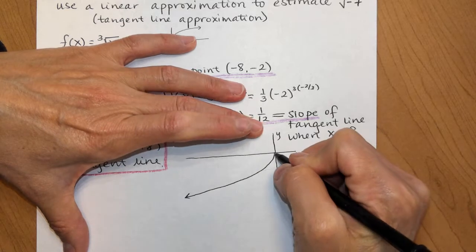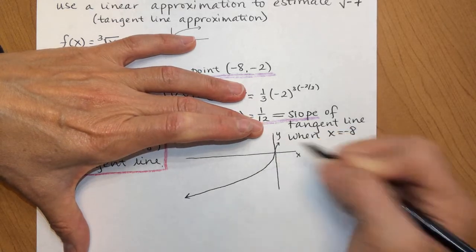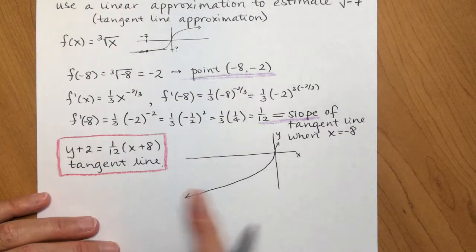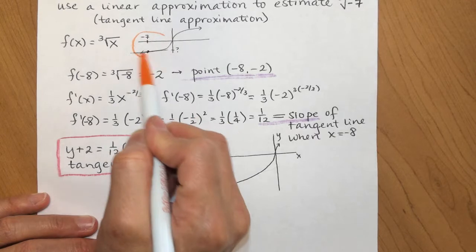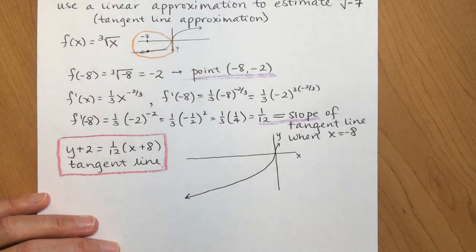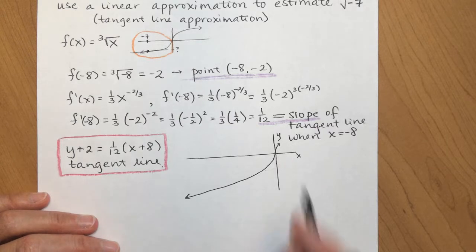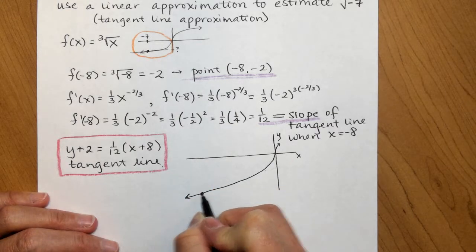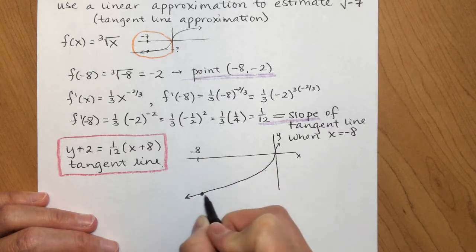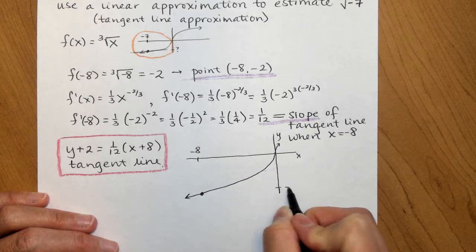Okay, so here's my graph. I've just got the negative side here of the cube root function. Okay, so really I've just drawn this part of the graph. Okay, and I know that this graph goes through the point -8, -2.